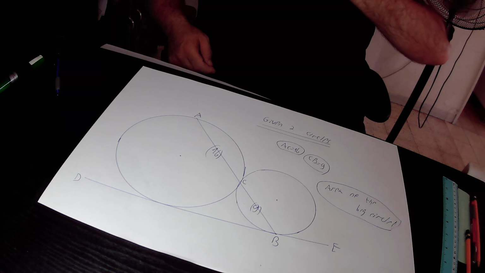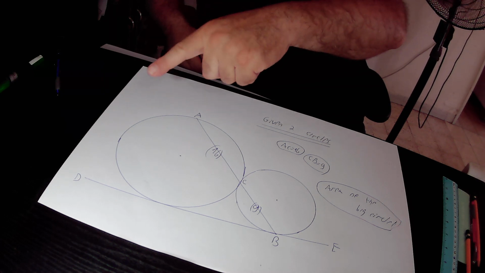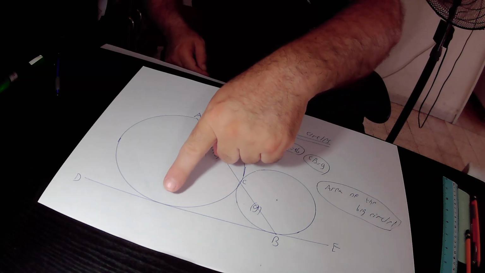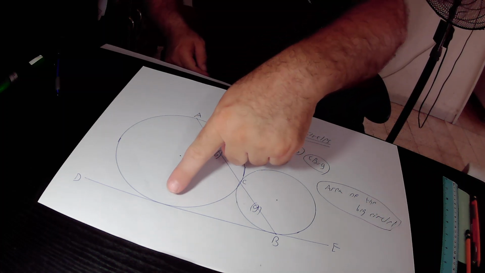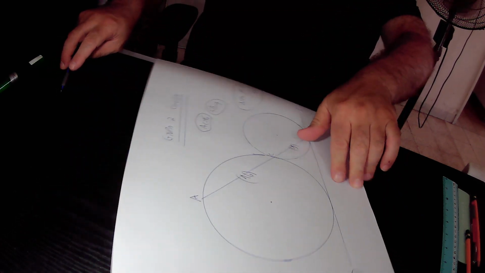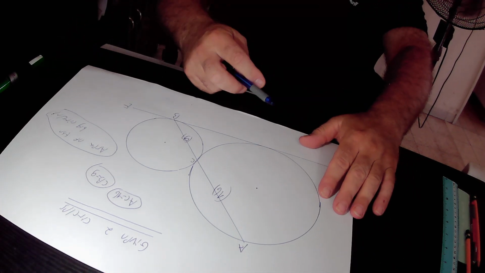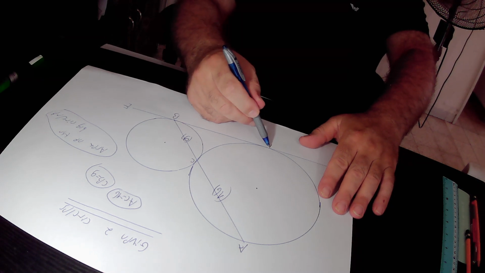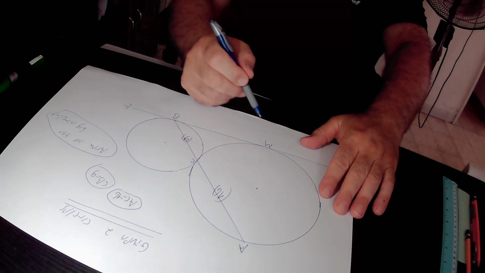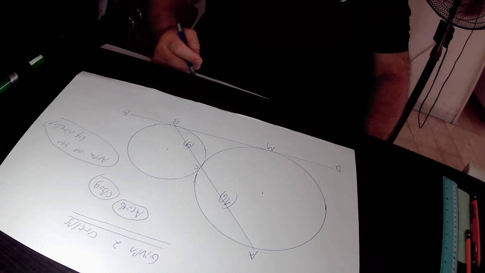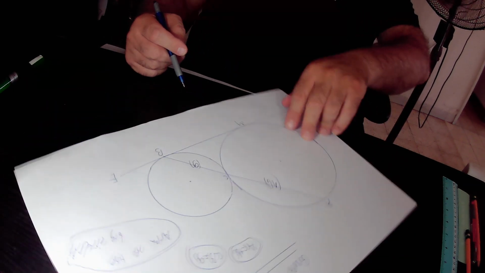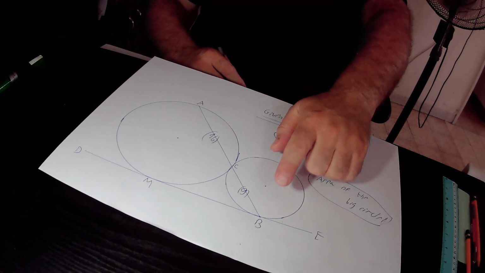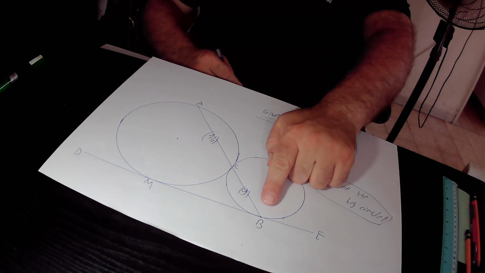So first of all, we will define the point of tangency of this tangent DE with this big circle. This point is point M. And we focus on this point B in relation to the big circle.